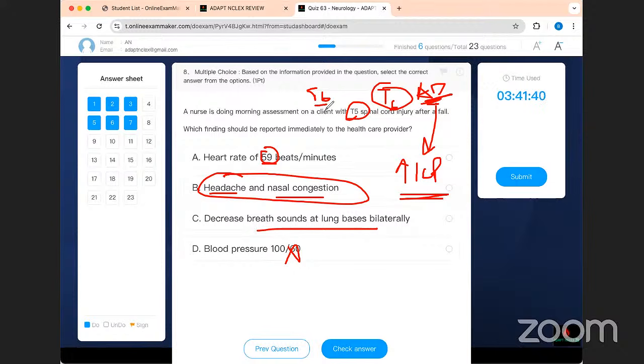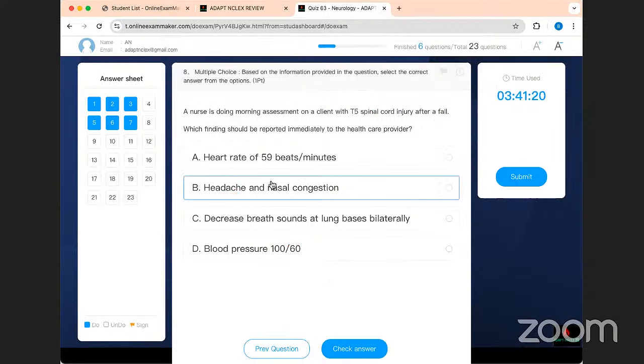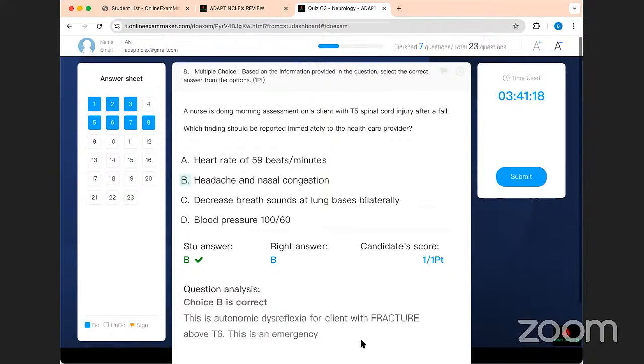When you see decreased breath sounds at the lung bases anywhere in a question, never pick it. It's normal, it's atelectasis. It's a spinal cord injury. They're paralyzed, so I expect that. So headache and nasal congestion is bad. It shows you urgency. So it's an ICP issue.